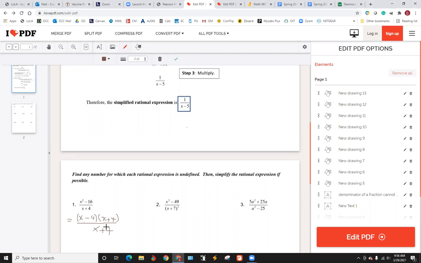So first of all, we got to answer this question here. I'm going to do that up here. X plus 4. And this is the way I do it. I just put a not equal there, and then I'll just solve it like usual. So that just means that x cannot be equal to negative 4.